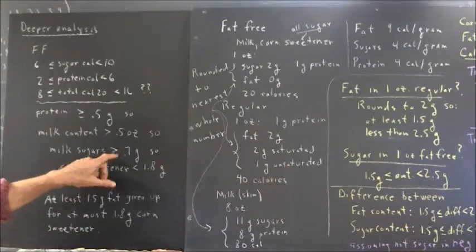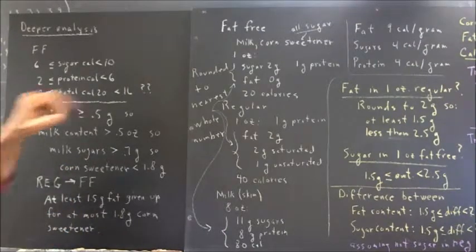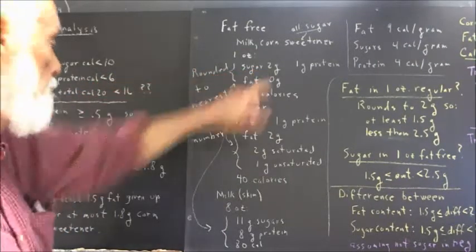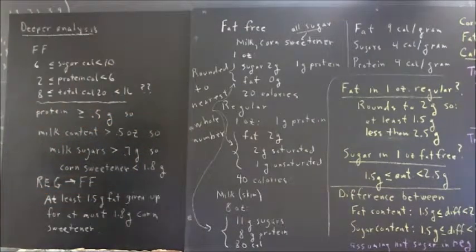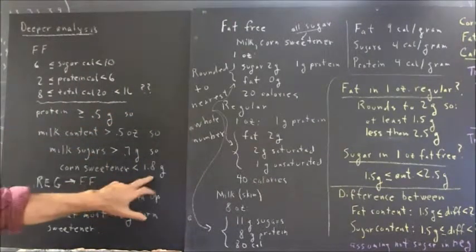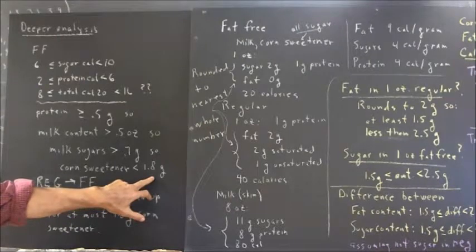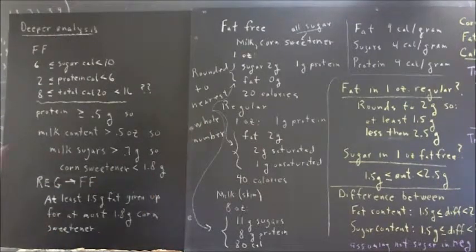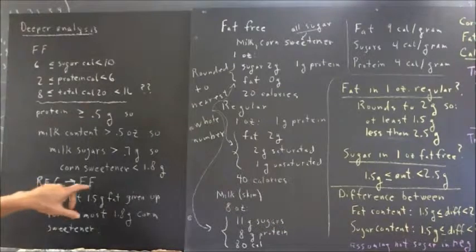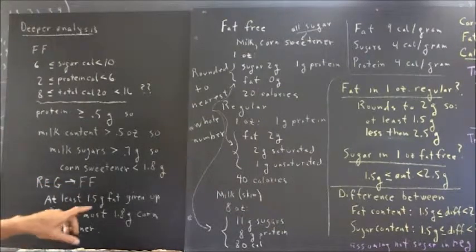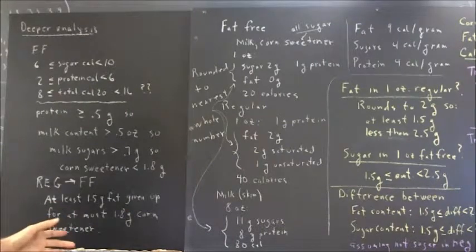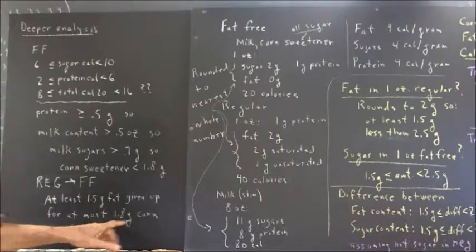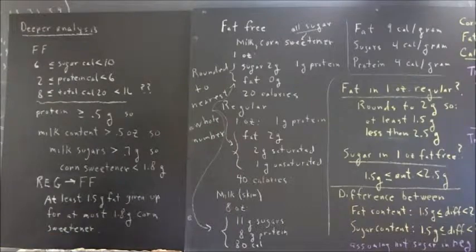And that would imply that since you have at most 2.5 grams of sugars, and 0.7 of those are milk sugars, the corn sweeteners are not over 1.8 grams. So if you go from regular to fat-free, you're giving up at least 1.5 grams of fat, but you're gaining at most 1.8 grams of corn sweetener.